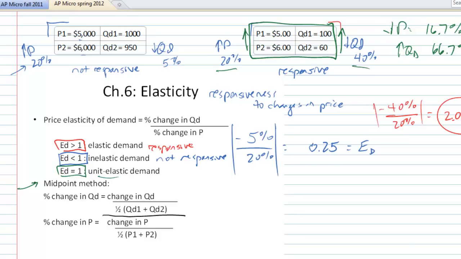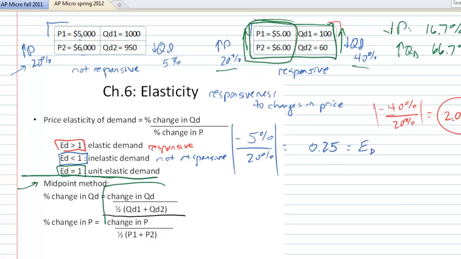Just because of the way percentage changes work, they're going to give you different amounts if you go in opposite directions. So what's most useful to say typically in elasticity of demand is what's the elasticity of demand within this price range? Kind of what's the average elasticity of demand in a range of prices from $5 to $6, no matter which direction you go. And that's what the midpoint method gives us.